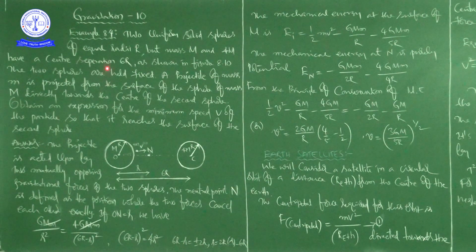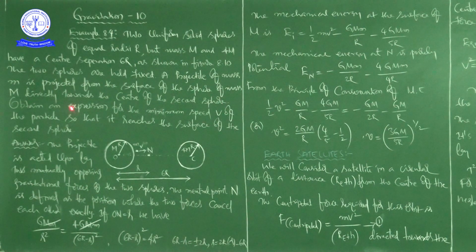The two spheres are held fixed. A projectile of mass small m is projected from the surface of the sphere of mass capital M directly towards the center of the second sphere.